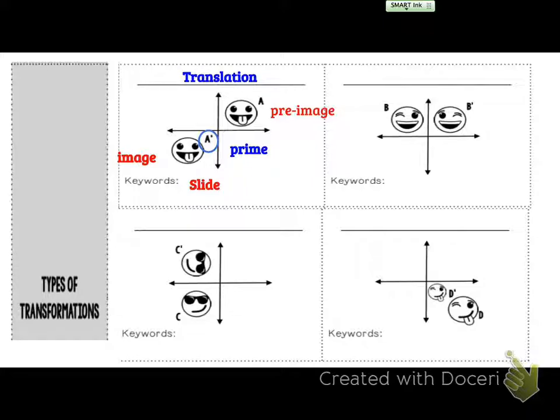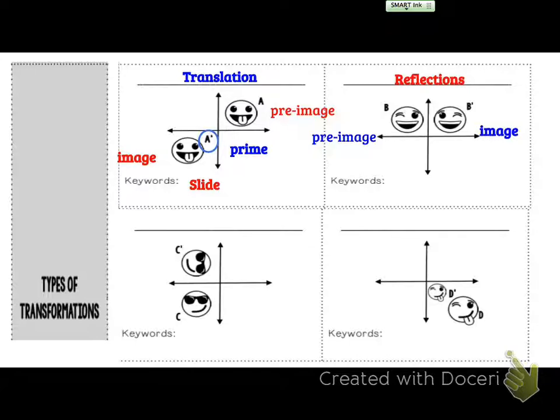The second one we have here is reflection. Notice we have our pre-image and then our image. Look at them. Notice the face. What do we notice about the black part of the eye on the smiley face?